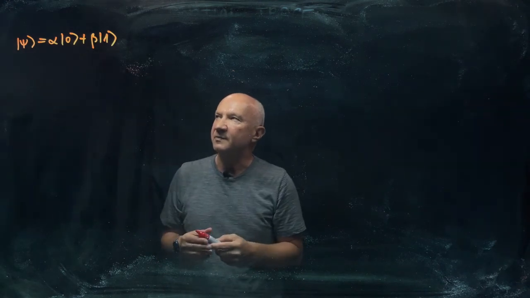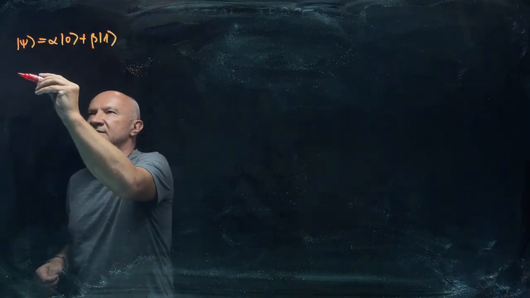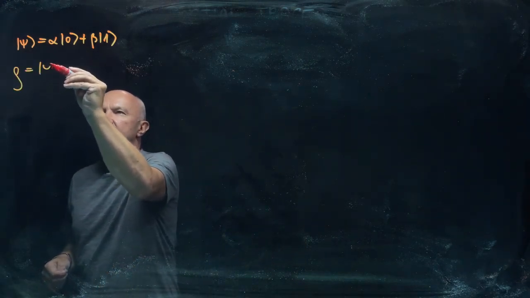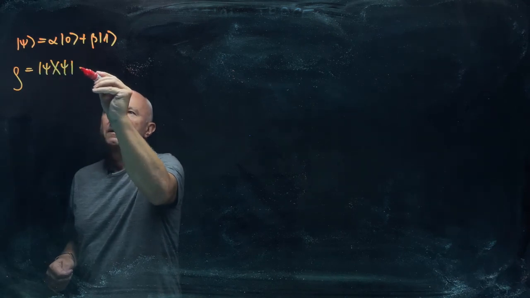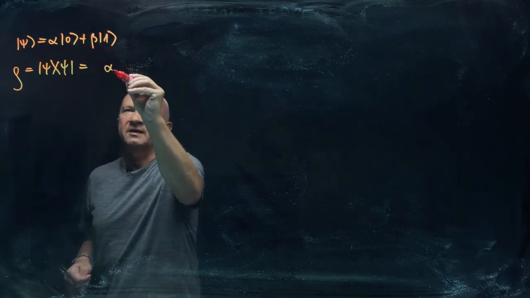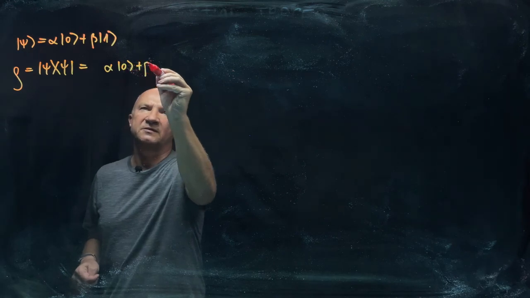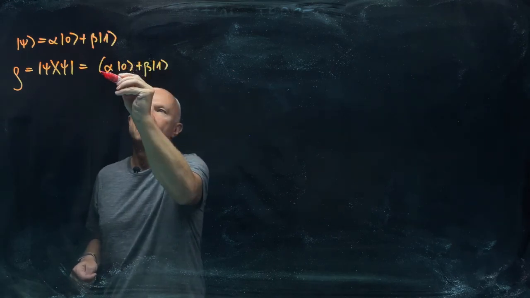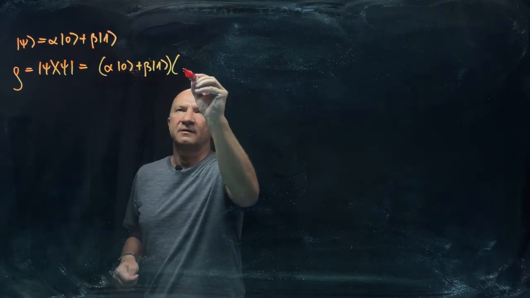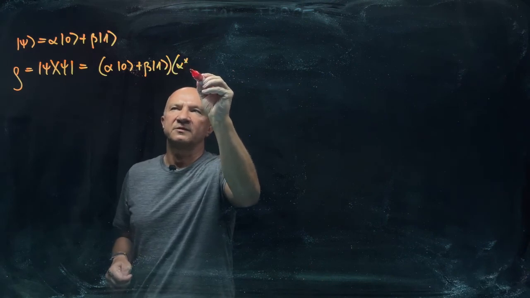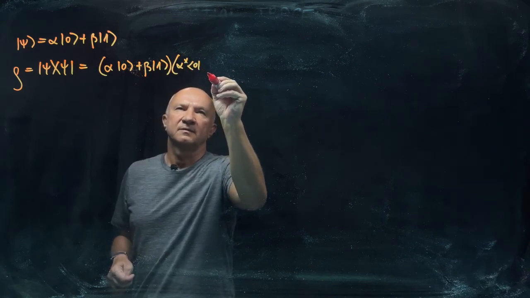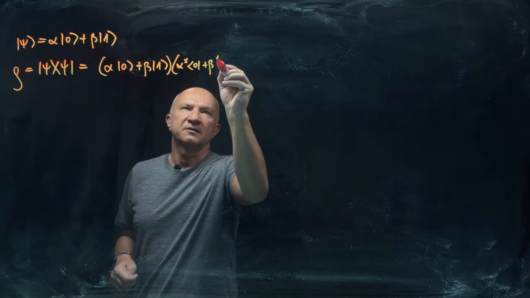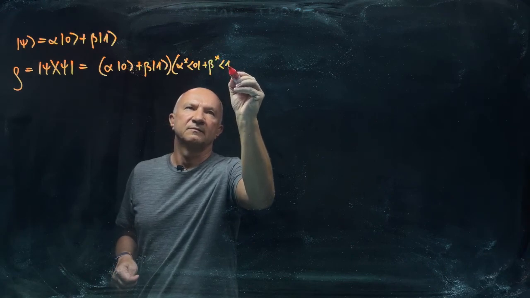It's a pure state, but we know that in this case the density operator rho will be the projector on this state, which we can write as alpha 0 plus beta 1, and here we have alpha complex conjugate 0 plus beta complex conjugate 1.